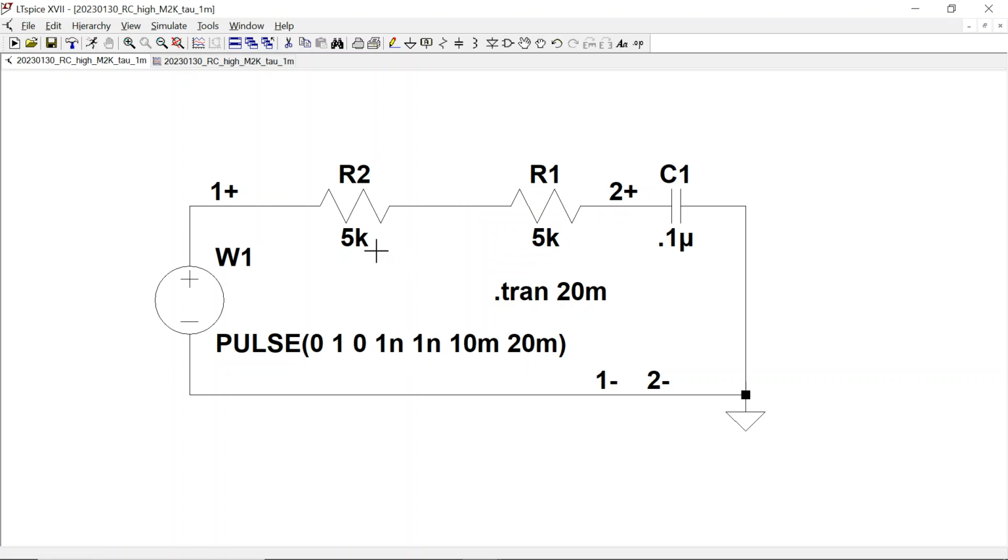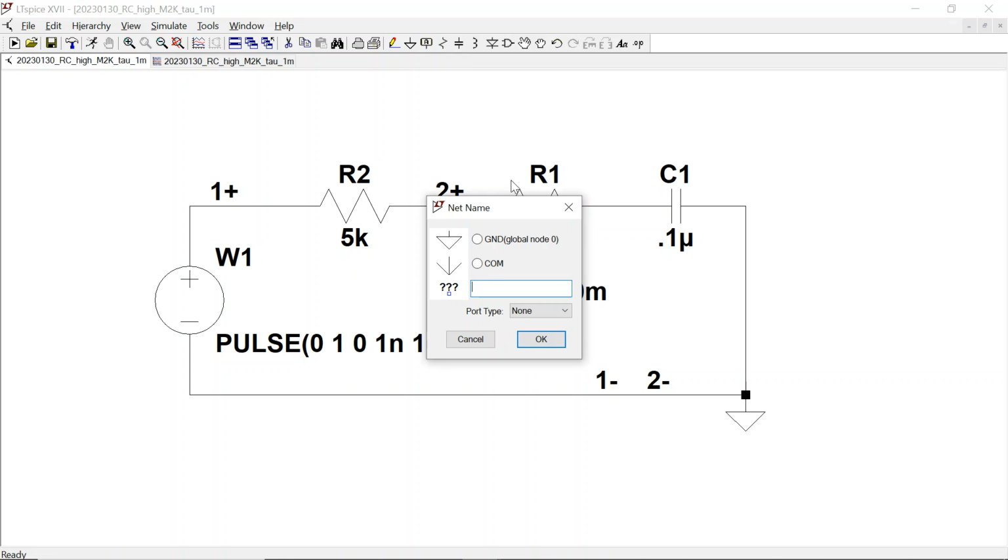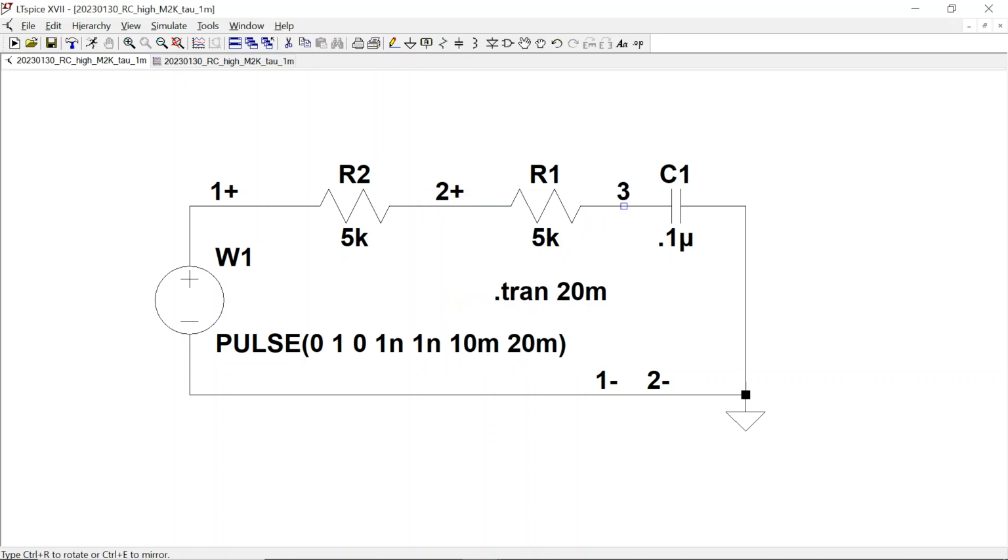So 5 kilo ohms, 0.1, I should get a time constant of 1 millisecond. And this is set up to mimic the simulation of the M2K from Analog Devices. So let's run it.